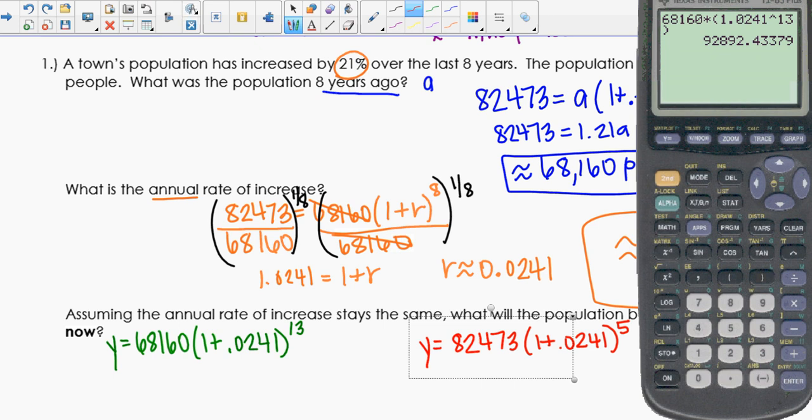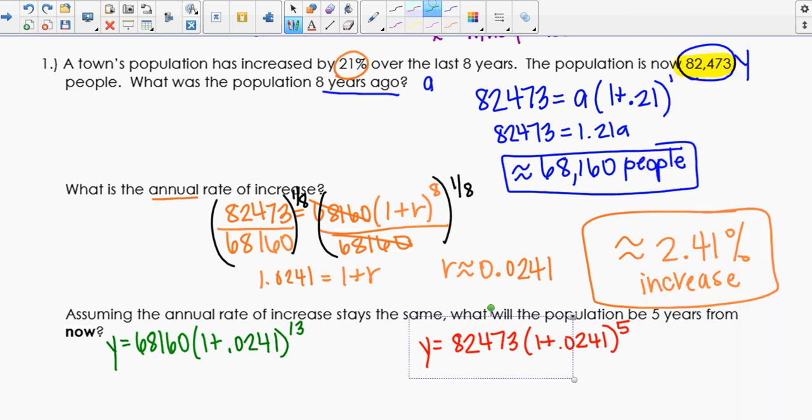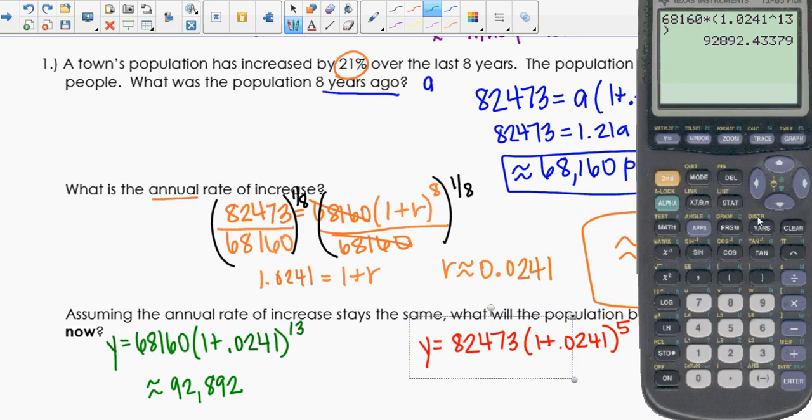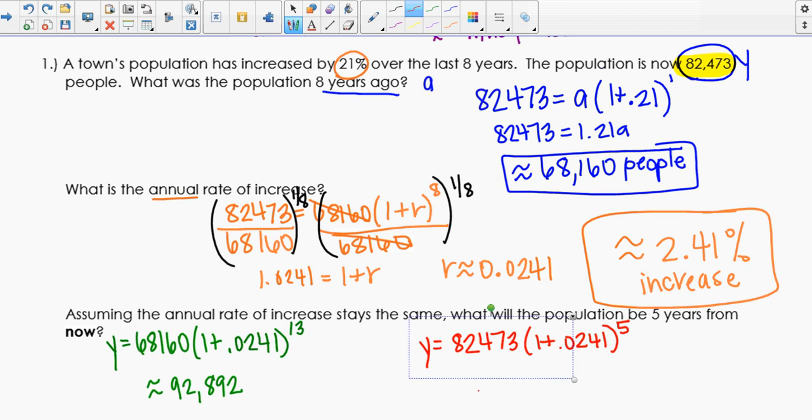So your population is about 92,892. Okay. If you do it the other way, you have 82,473 times 1.0241, and that is going to be to the 5th power, and you get 92,901.